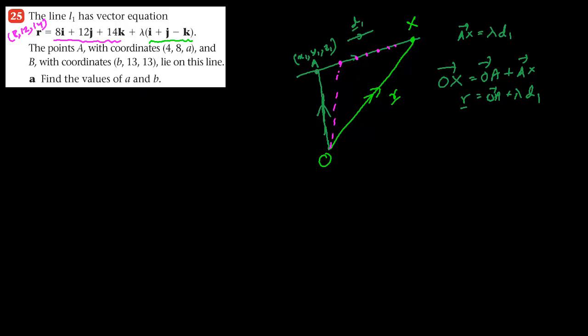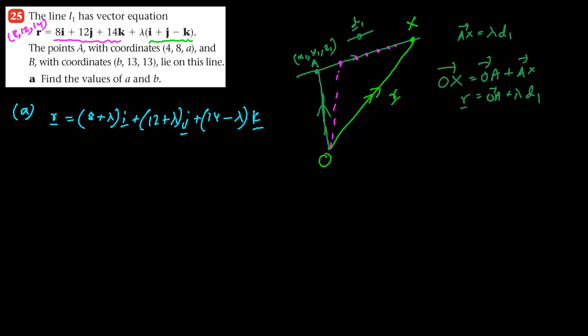So we can get back to this question. The first thing is, let's write out the universal position vector in the IJK format. So this is going to be (8 plus lambda)i, (12 plus lambda)j, (14 minus lambda)k. So this is the universal position vector.